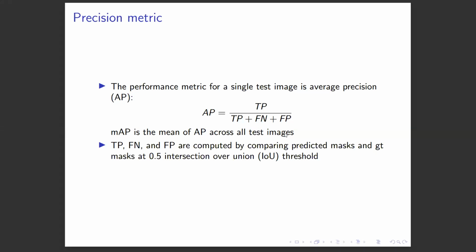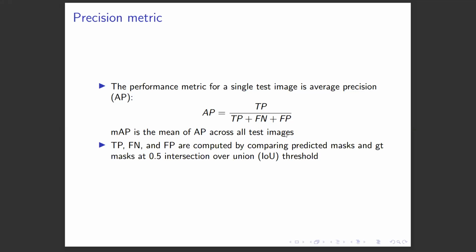So you don't get a true negative. It's weird to think about true negative here. If we use the human annotation as the ground truth, we have a set of masks, and then we compare with the set of predicted masks. So I'm not seeing the true negative category in this case.